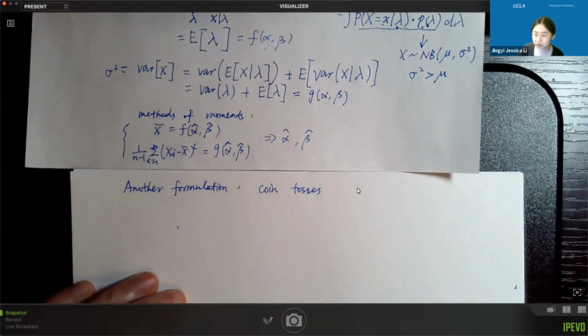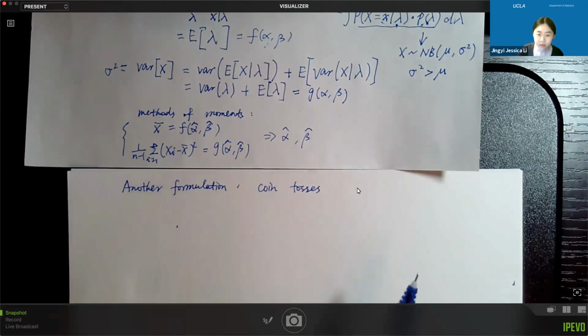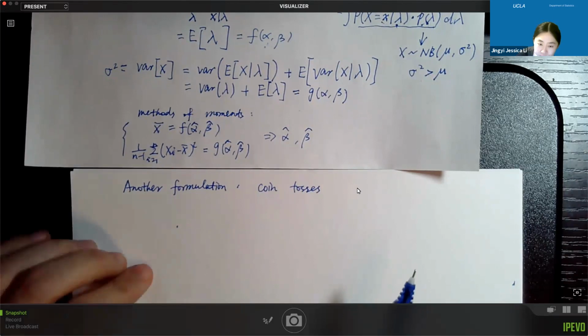And if we do n independent tosses, and each toss has the same probability P for getting 1, then the total number of ones among your n tosses follows what we call the binomial distribution, with the total as n and the probability as P. That's what we learned. But from that same setting, we can also have negative binomial. In that case, you will have two parameters.